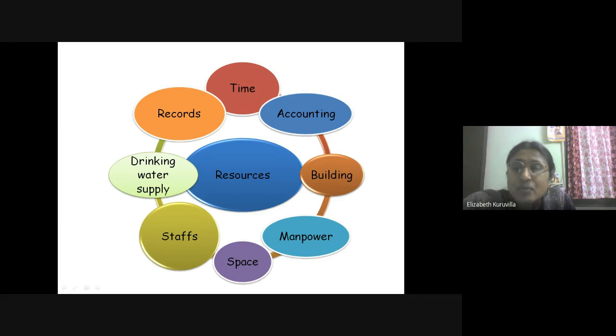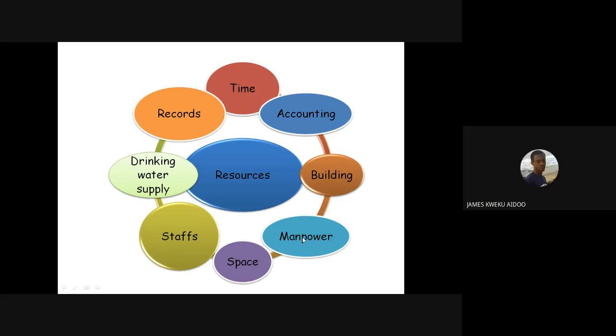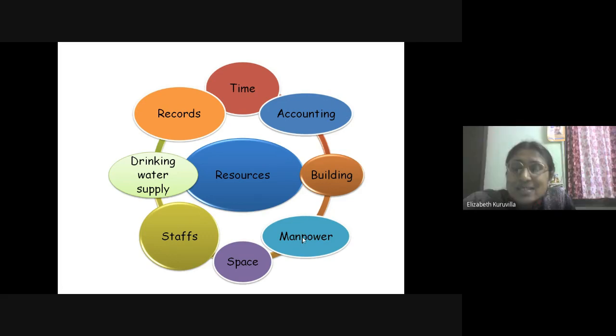Manpower is what type of resource? Tangible, I think. That is intangible. What type? Any other answer? Intangible. Tangible. Wrong. Manpower, how can we see? We can see human beings only. We cannot see the power or the capacity of human beings.